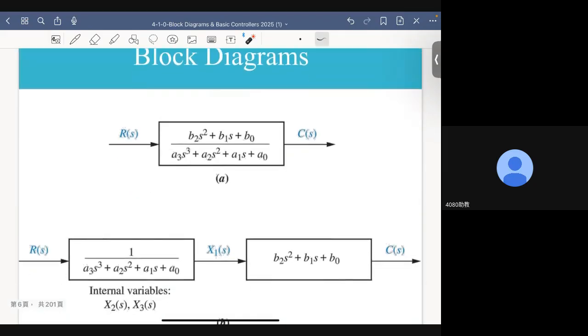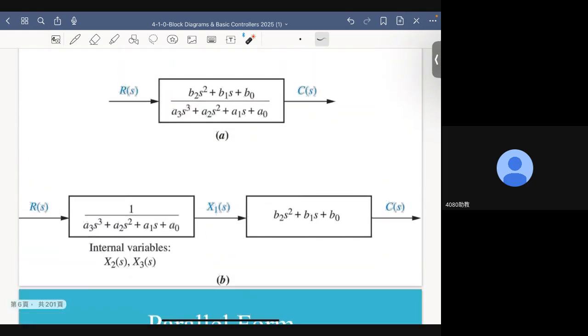Sometimes using the cascade form, we can decouple the transfer function of a given system. For example, this is a pseudo system. As you can see, it has a numerator and a denominator.